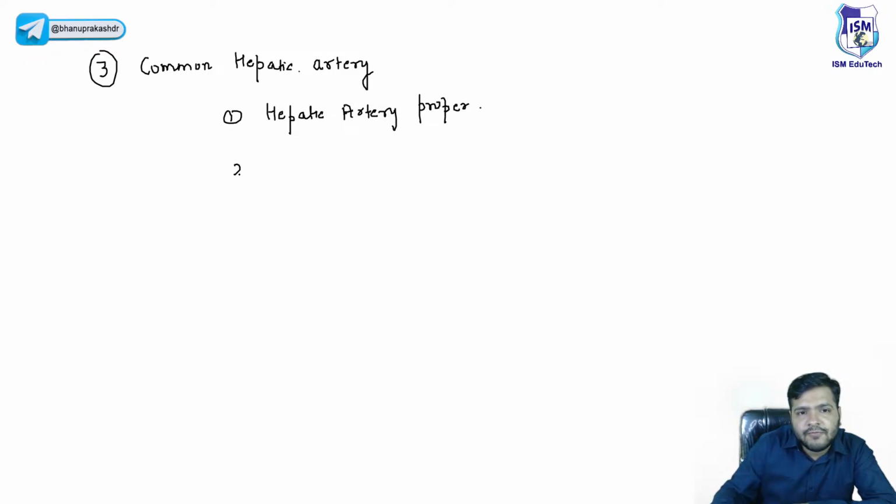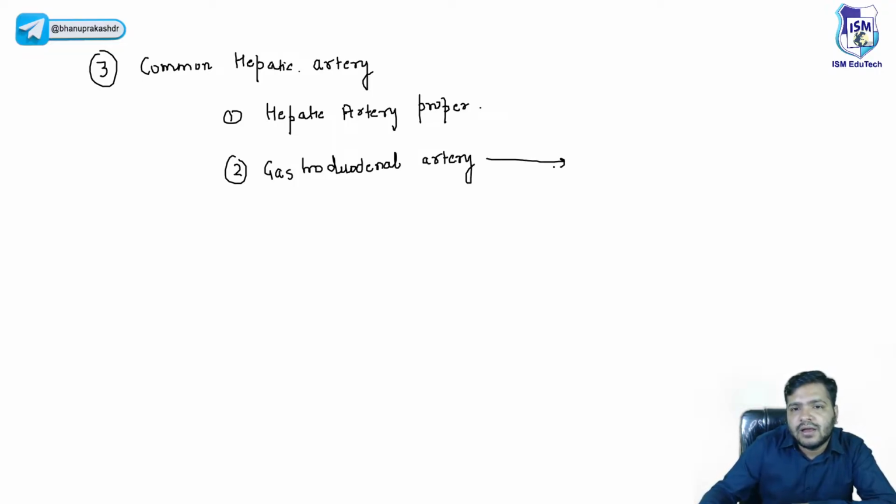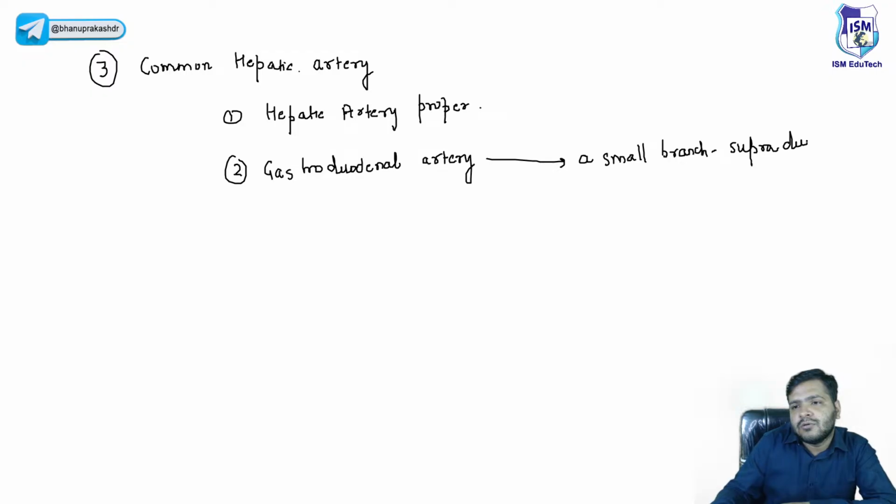And we have the gastroduodenal artery. And you already know the gastroduodenal artery gives a very small branch, that is the supraduodenal artery.